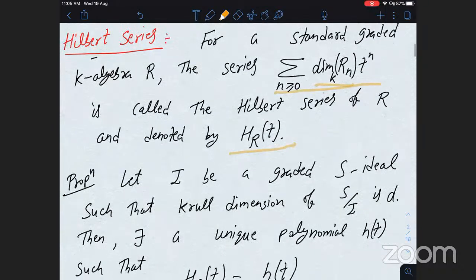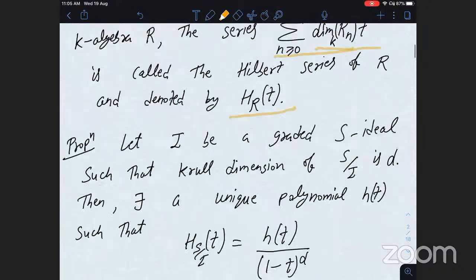Now a proposition about Hilbert series. Let I be a graded ideal of S such that the Krull dimension of S mod I is d.